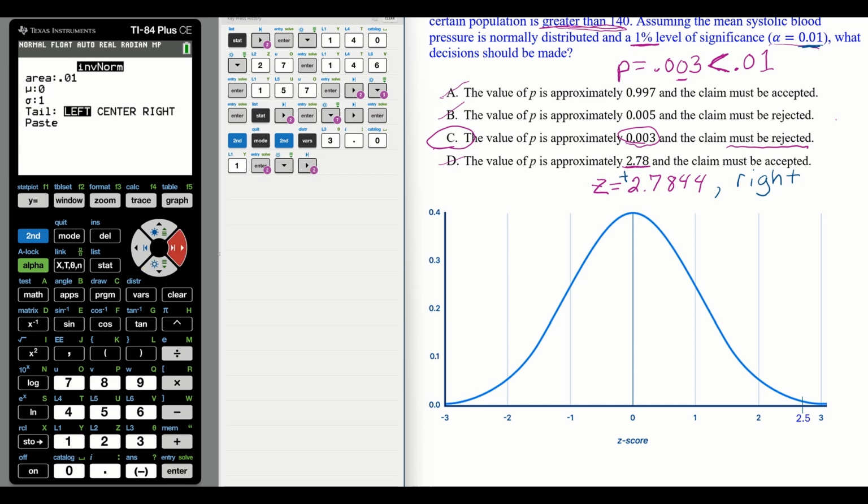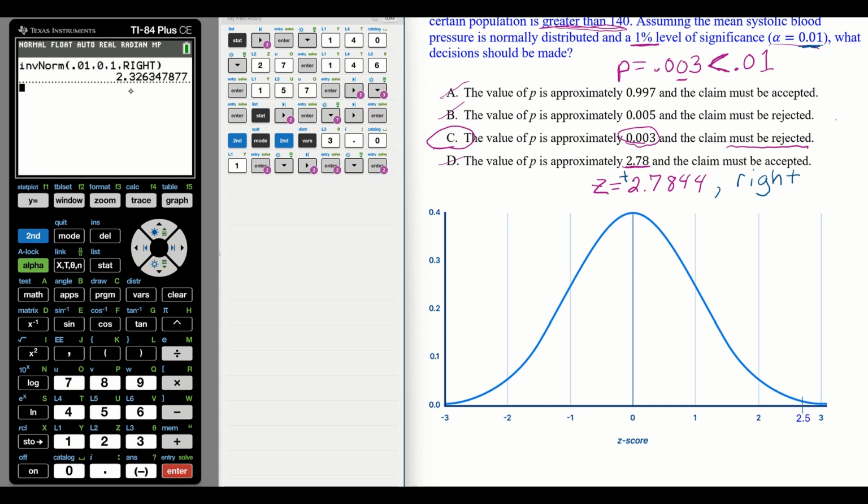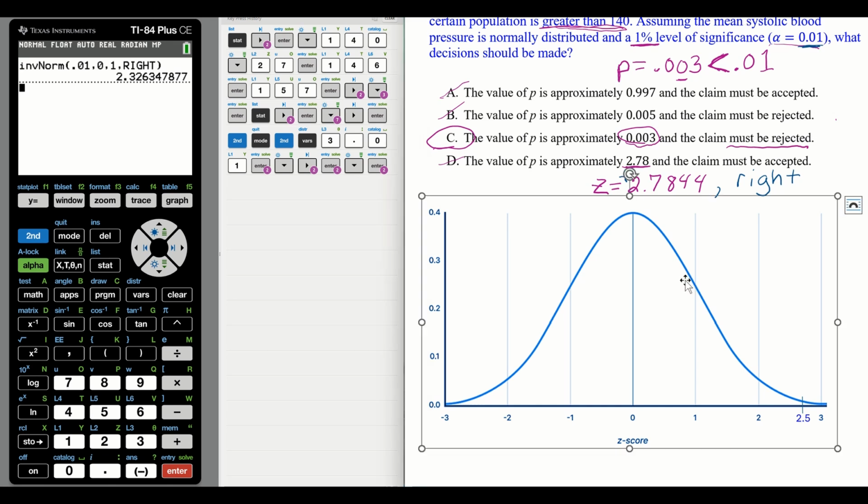So I'm going to go for right-tailed test because that's what we actually entered in the calculator. Enter. I'll have to arrow down. That gives us the comparison z-score. Let me draw that in. Remember, we're comparing this. Where would that be? Well, there's our 2.5. Looks like my picture moved a little.